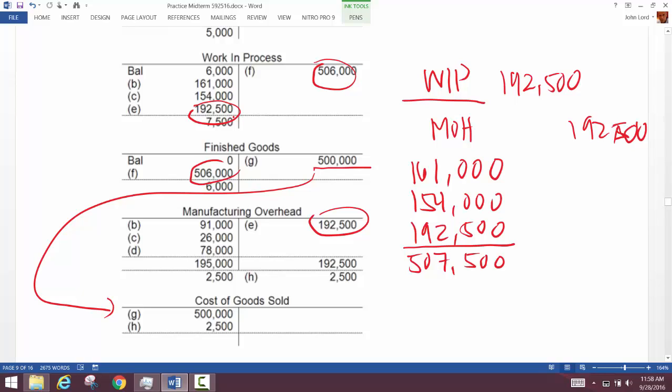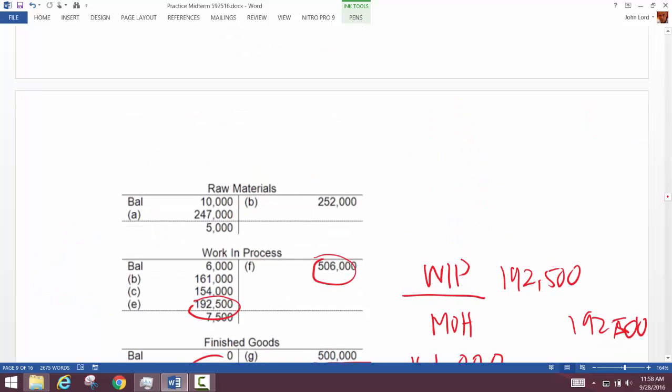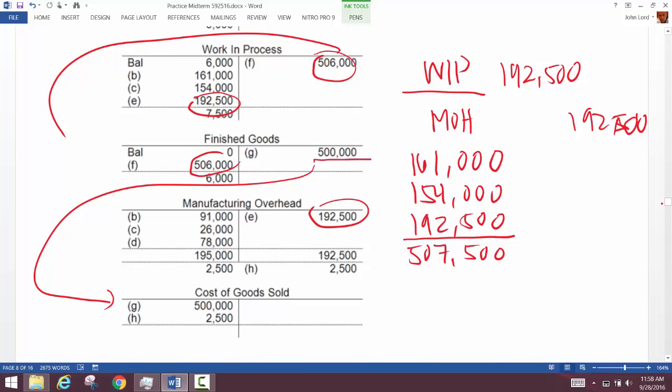Okay, so what's going on here? I don't like this one because the amount that goes out of finished goods and into cost of goods sold is called cost of goods sold. The cost of the goods that were finished for the period is the amount that came out of work in progress and went into finished goods.